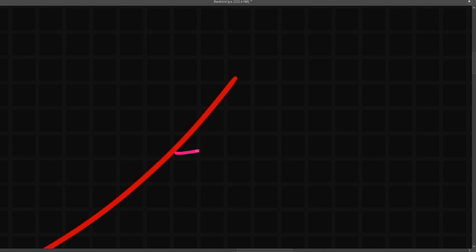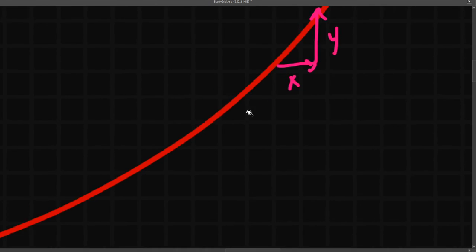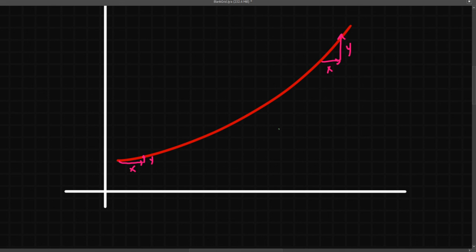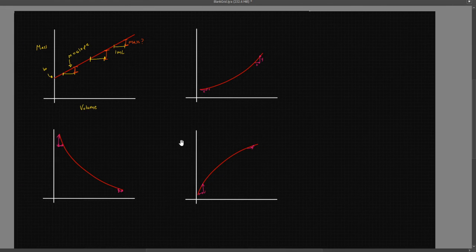But over here, that same change in the x-axis gives a large change in the y-axis. I should be able to give you about any shape of graph. I will probably limit it to some simple shapes like the ones you've seen here. And in these simple shapes, I will expect you to describe the relationship between whatever's on your x-axis and whatever's on your y-axis, and then to describe how that relationship is changing.